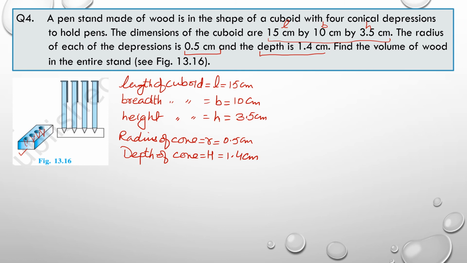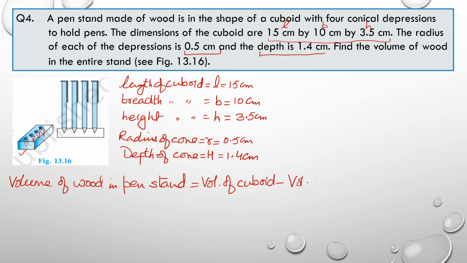Then only we'll get the volume of the pen stand. Volume of wood in pen stand is equal to volume of cuboid minus volume of 4 conical depressions. So I'm simply writing volume of 4 cones.